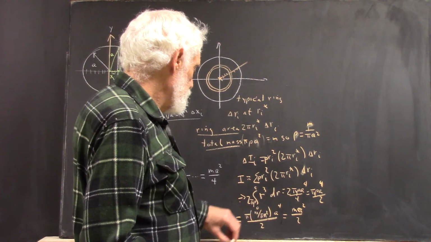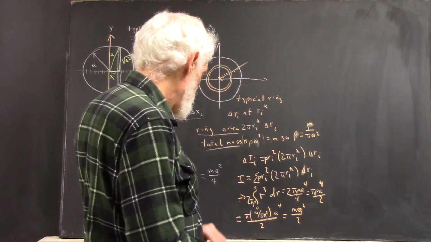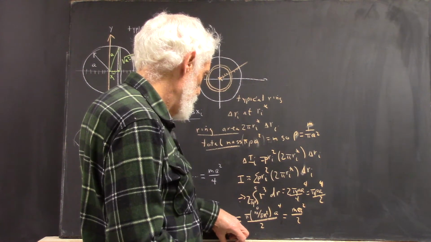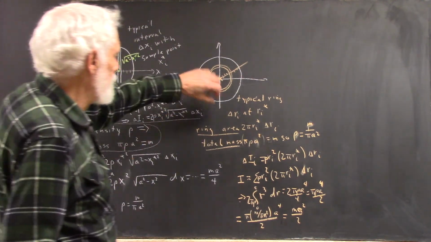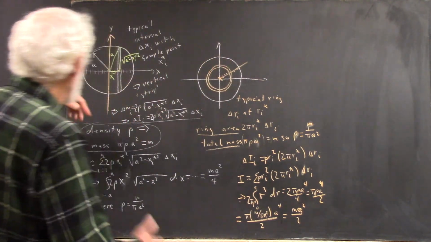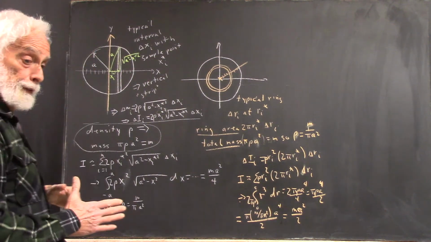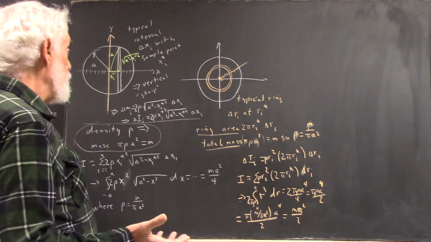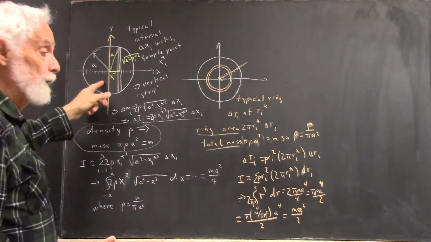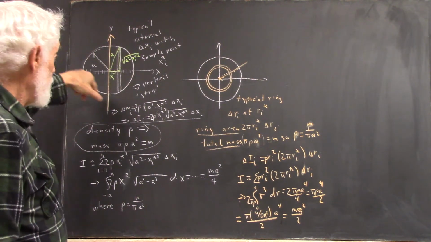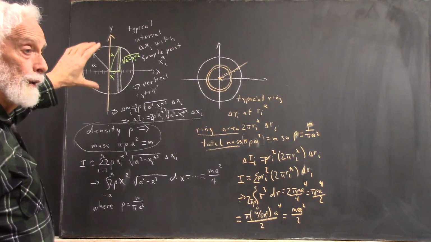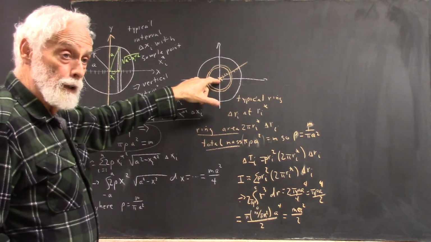Now, there's another reflection here, that there's a difference in the moment of inertia if we rotate about the center as opposed to the y-axis. This is because when we rotate about the y-axis, on the average, the points of this lamina are somewhat closer to the axis than they are here.